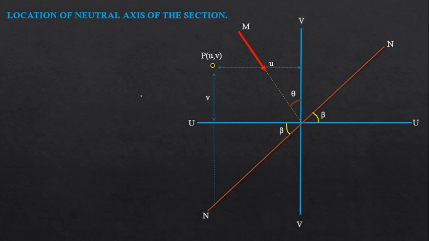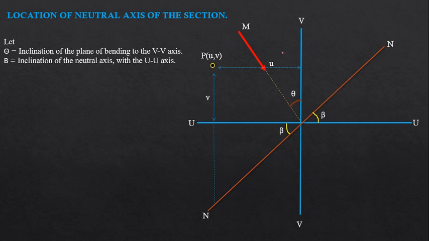Now we need to find the location of the neutral axis. There's a plane with axes BB and UU, and NN is our neutral axis. Theta is the inclination of bending to the BB axis, and beta is the inclination of the neutral axis with the UU axis. As we all know, at any point on the neutral axis the bending stress is 0.